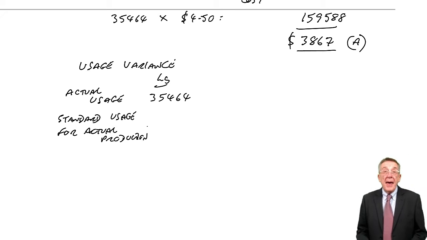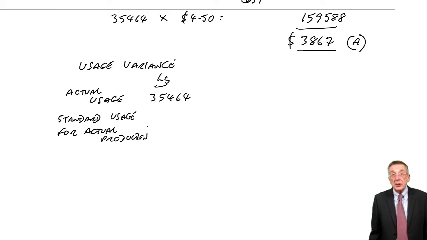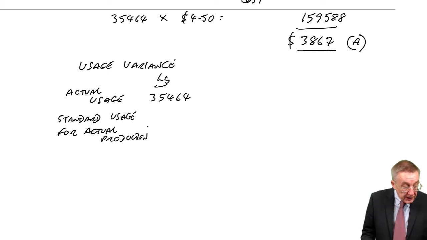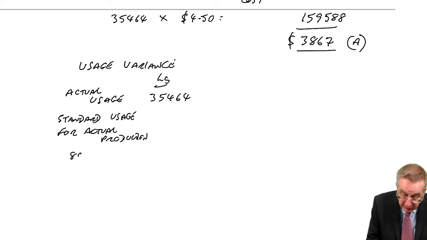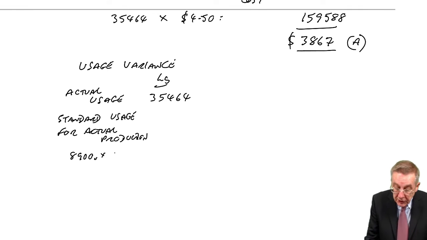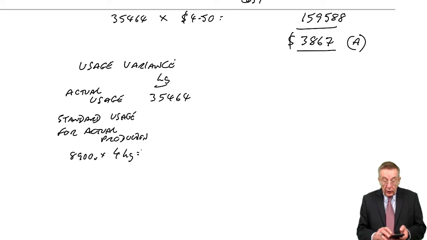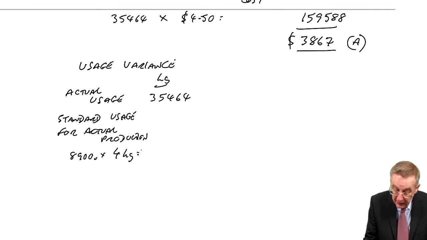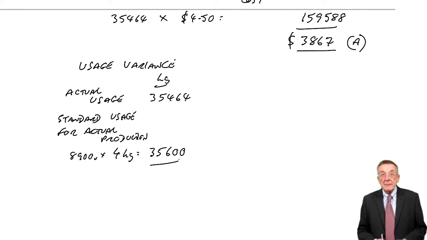Remember, there's no point in comparing with the original budget production. If you produce more, you obviously expect to use more. But how much should we have used? We actually produced 8,900 units. From the cost card, we should have used 4 kilos a unit. And therefore, in total, we should have used 35,600 kilos.